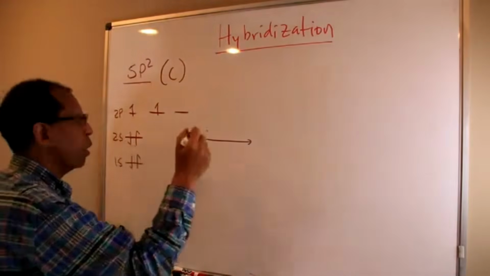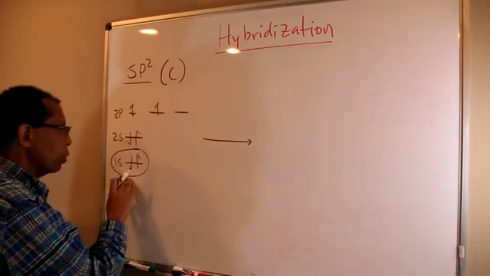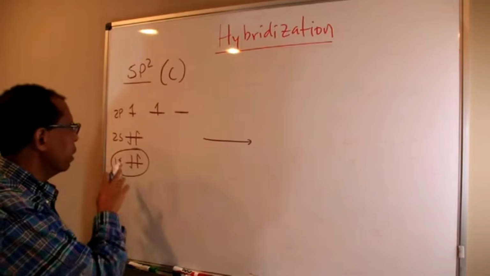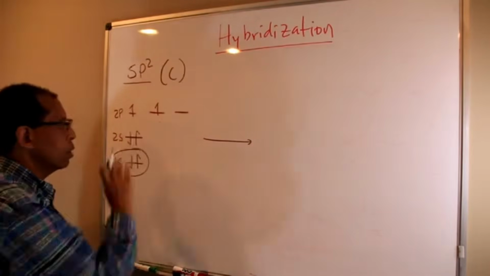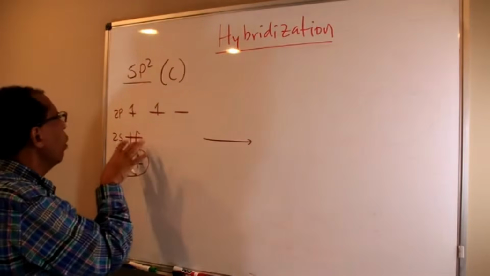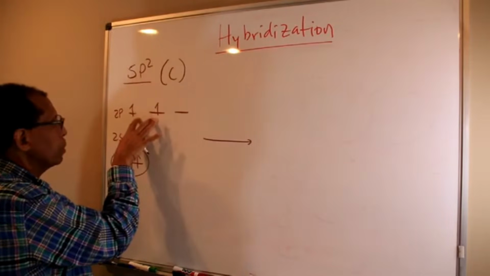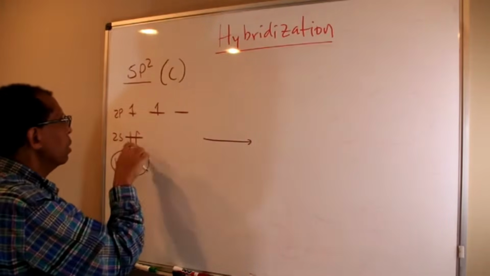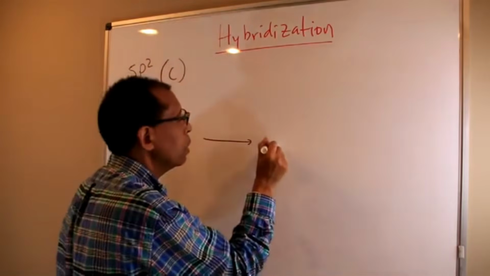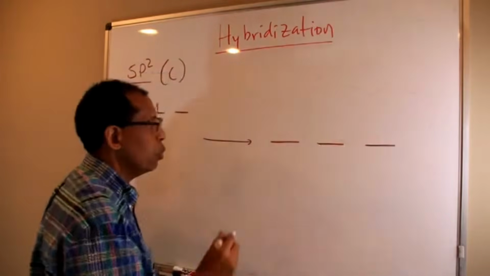Usually we don't consider the inner one, the one closest to the nucleus, but we are just considering valence electrons. So we are mixing one of these orbitals with two of these p orbitals to make three sp2 orbitals.